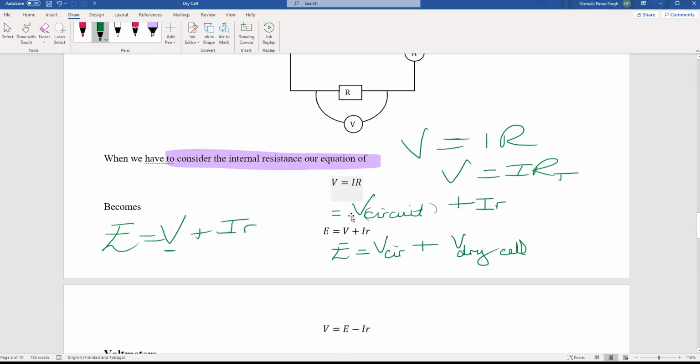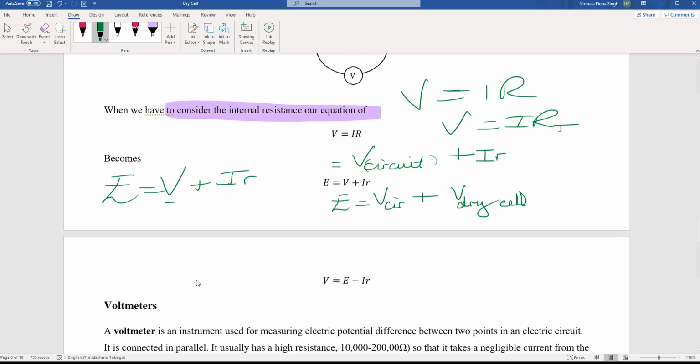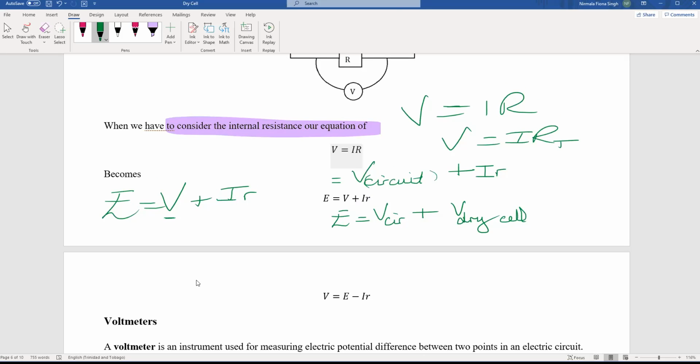So if you want to manipulate this equation a little bit, all we have to do is carry the Ir to the other side so you can get the voltage.